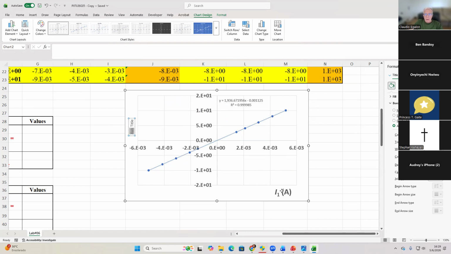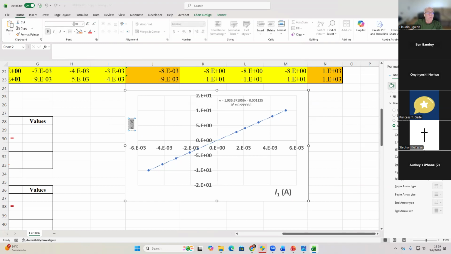It should be V1. V1, and I'm going to change my font. I want to change the size from 20, and we can also italicize it as well.